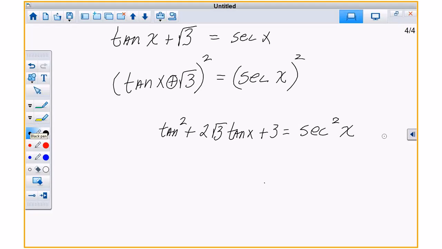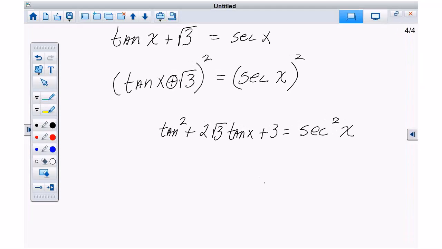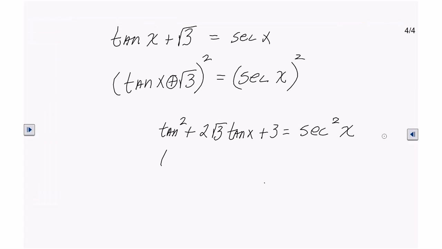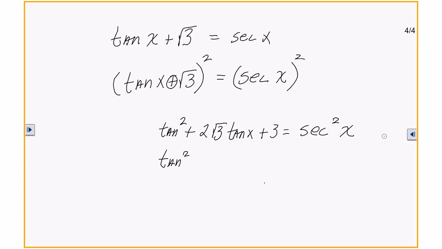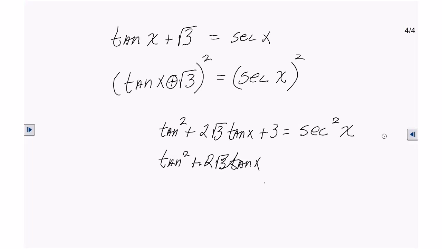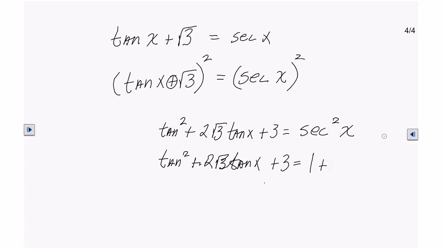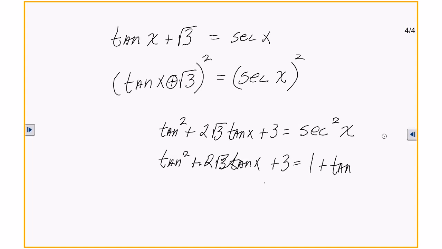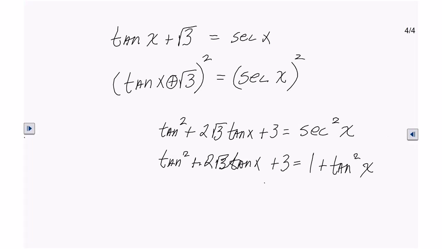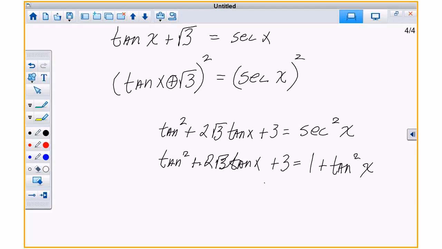You can change it into tan squared x, one plus tangent squared x. What happens to the tangents? The 2 tangent squared x cancel each other.